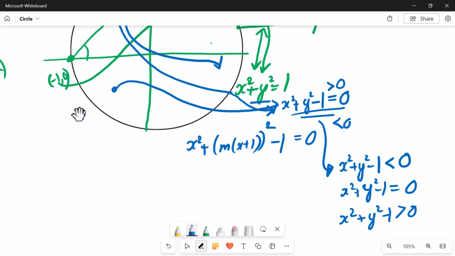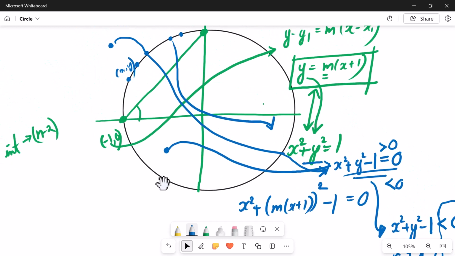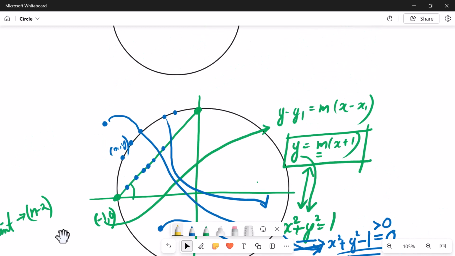So these are the conditions that we will actually use in our program to distinguish the points lying inside the circle, the intersection point, and the points lying outside the circle, because we don't care about these points and these points.